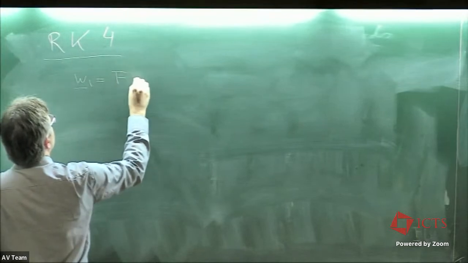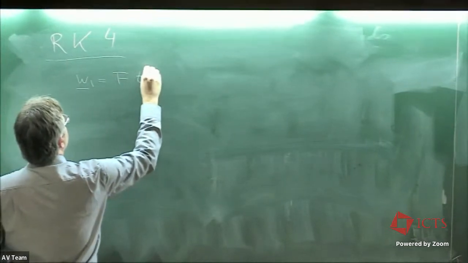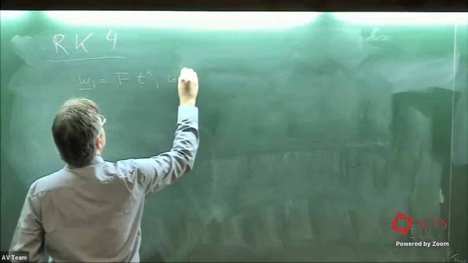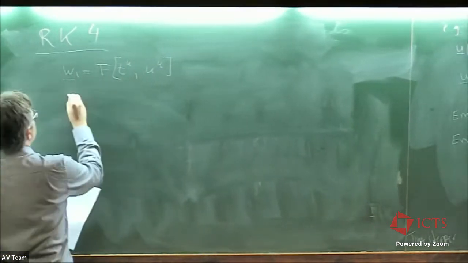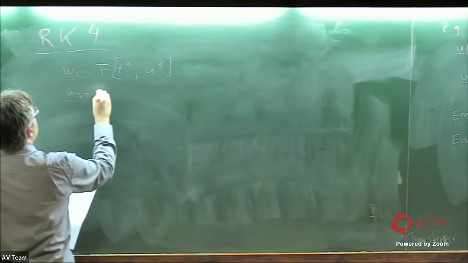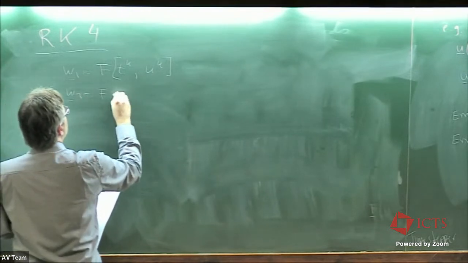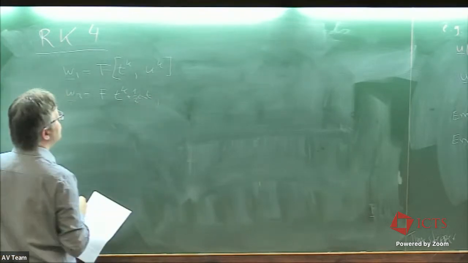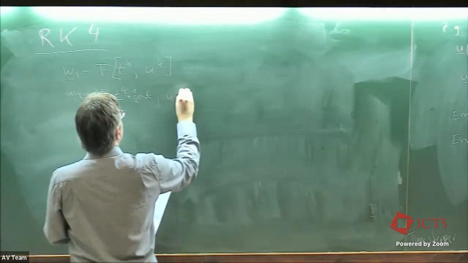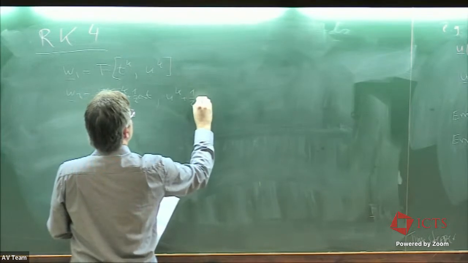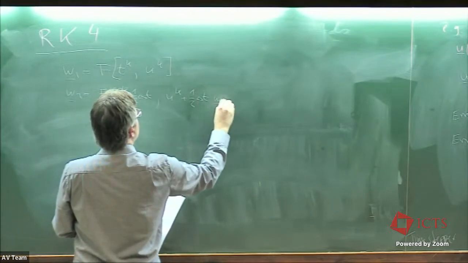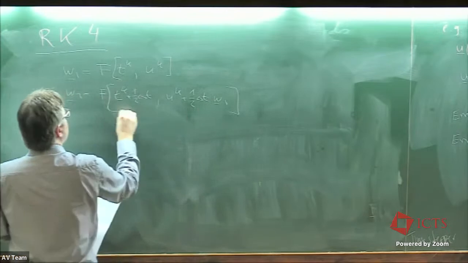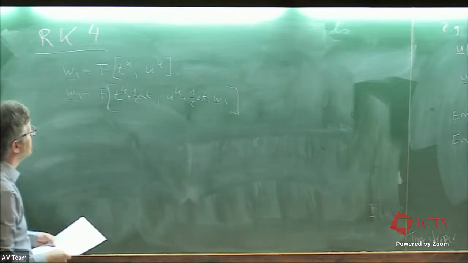So you still start with f of the current time and the current field. Now you play the same game as for Runge-Kutta 2. You go 1/2 delta t into the future, and you go 1/2 in W as well.